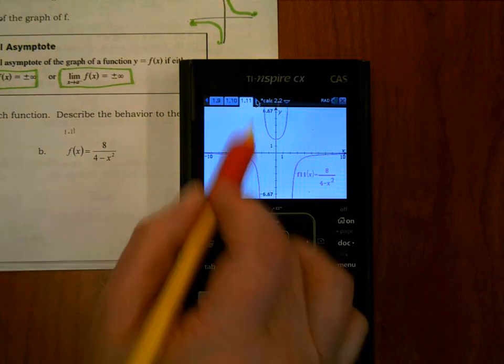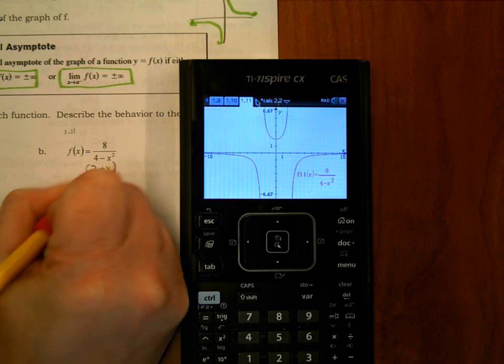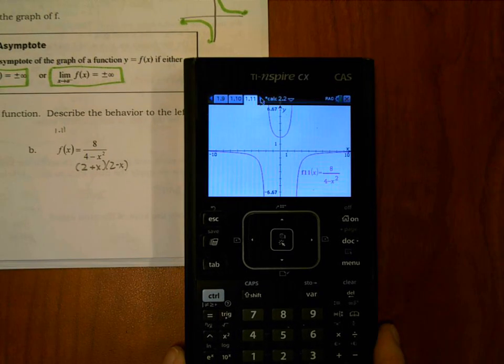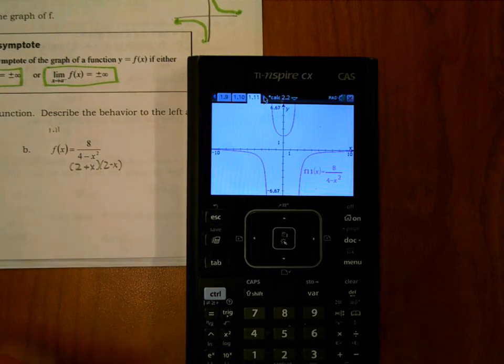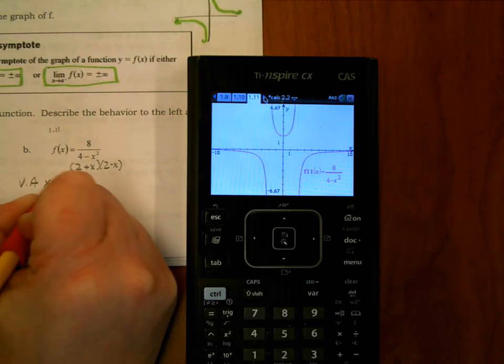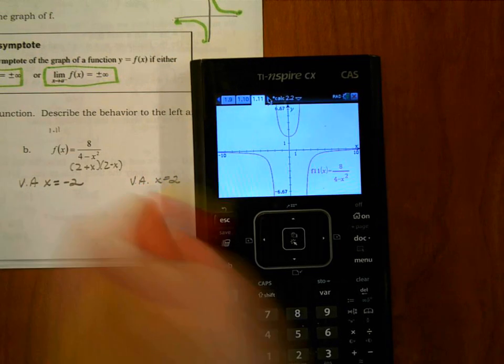All right, so it looks like I have 2 vertical asymptotes. I could actually also know that because I know from before about continuity, if I factor whatever gives me my denominator of 0, that's where I'm going to have my vertical asymptotes, my discontinuities. So here I have a vertical asymptote in 2 places. I have one at -2 and I have another one at 2.